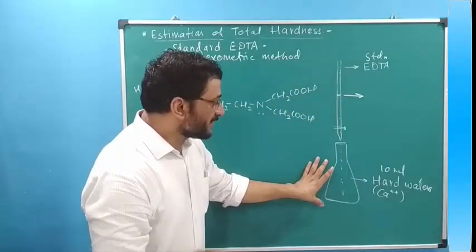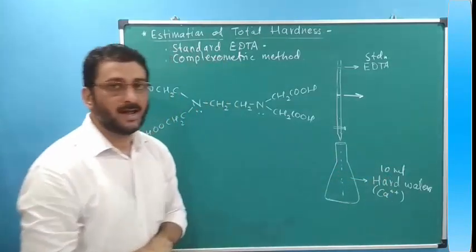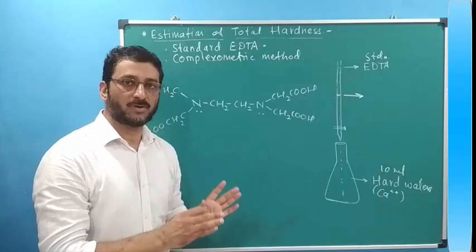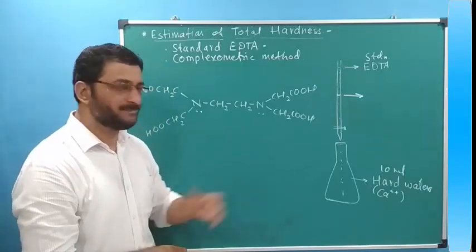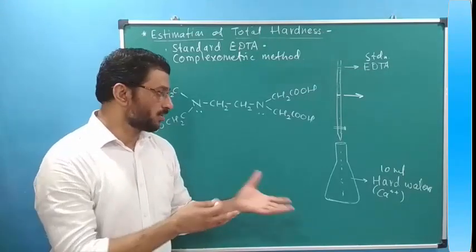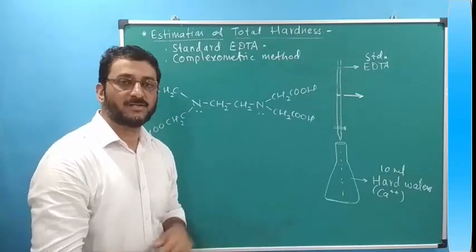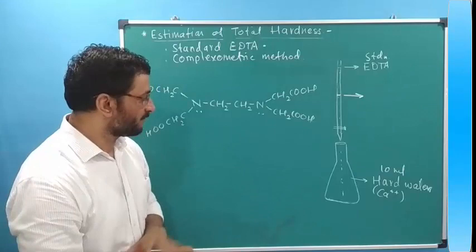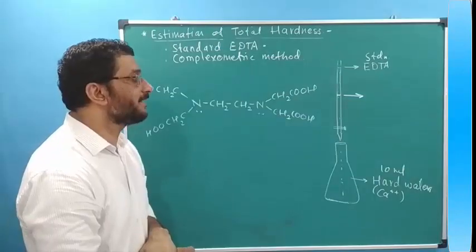In the conical flask, suppose I have taken 10 ml hard water sample, or any volume of hard water sample. It may be tap water or bottle water or drinking water or river water or any type of water sample. And this is standard EDTA.